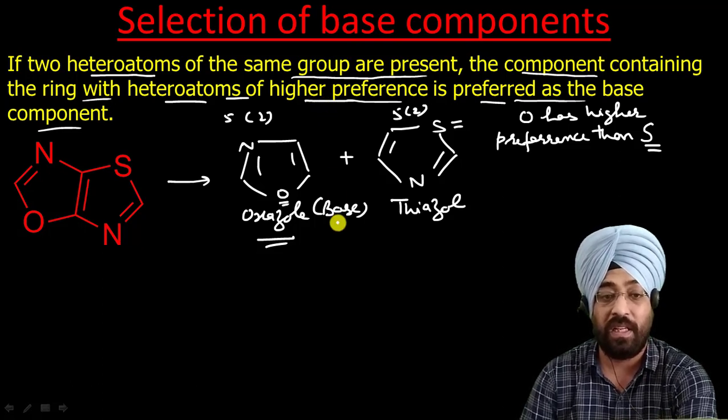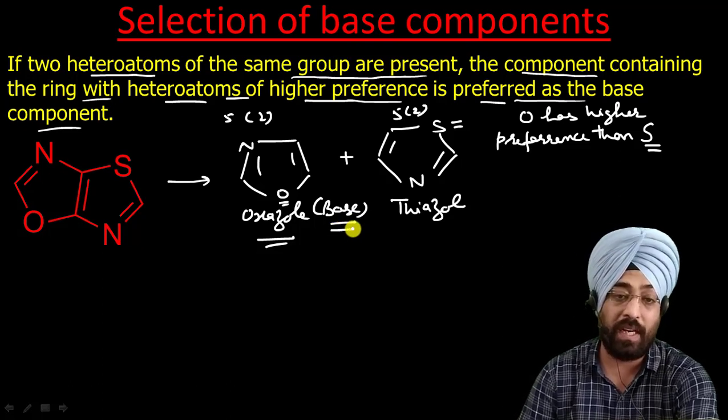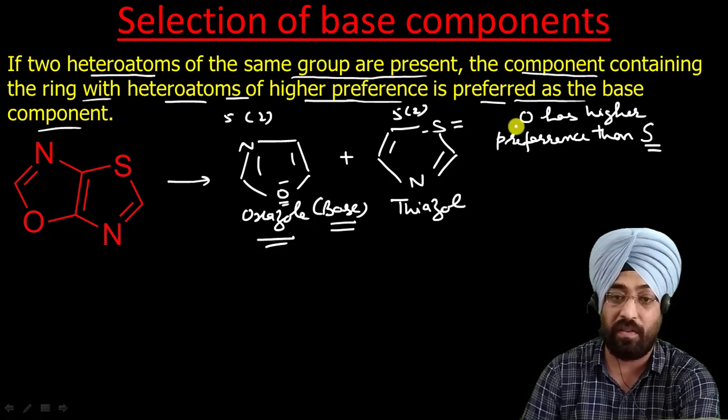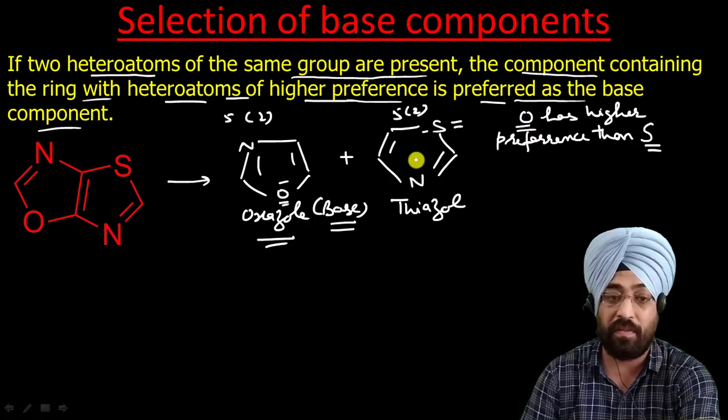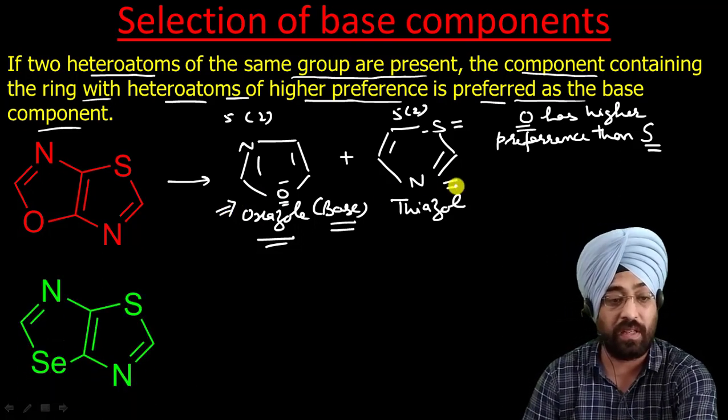Nitrogen was the same, so we have to compare oxygen and sulfur. Out of oxygen and sulfur, oxygen has higher preference, so oxazole is the base component and thiazole is the attached component.